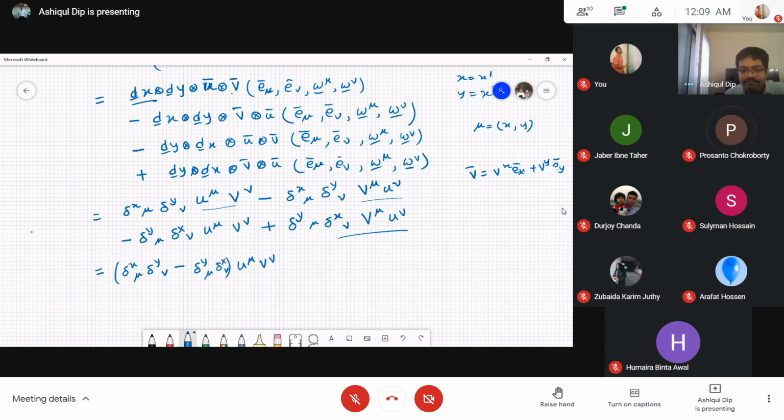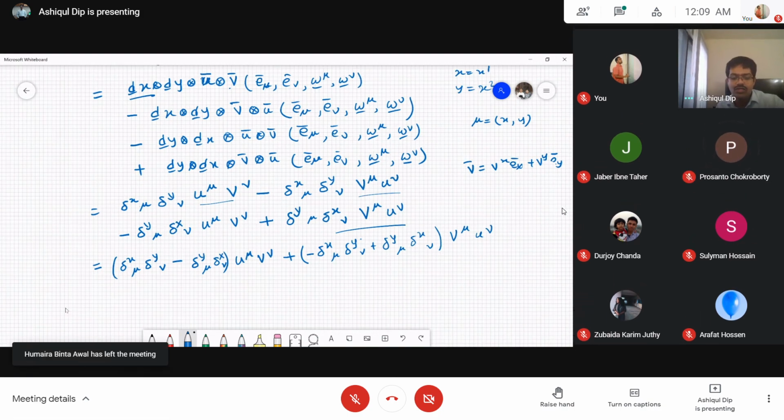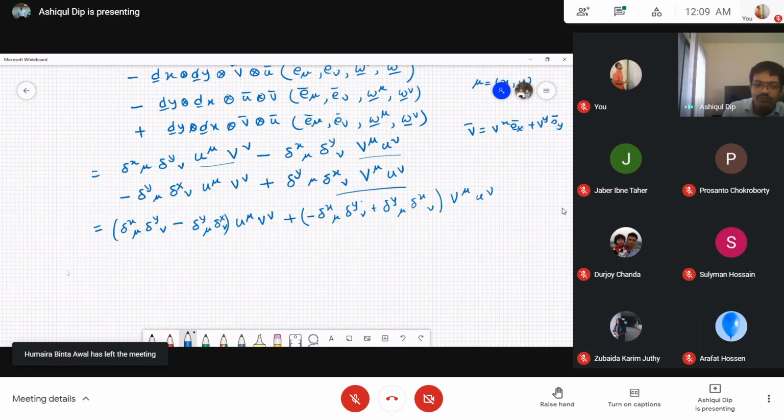And then plus Kronecker delta y mu, Kronecker delta x nu. Actually, let's put a minus sign as well: negative delta x mu delta y nu plus delta y mu delta x nu, times v mu u nu, right? So what's the difference between these two parts?